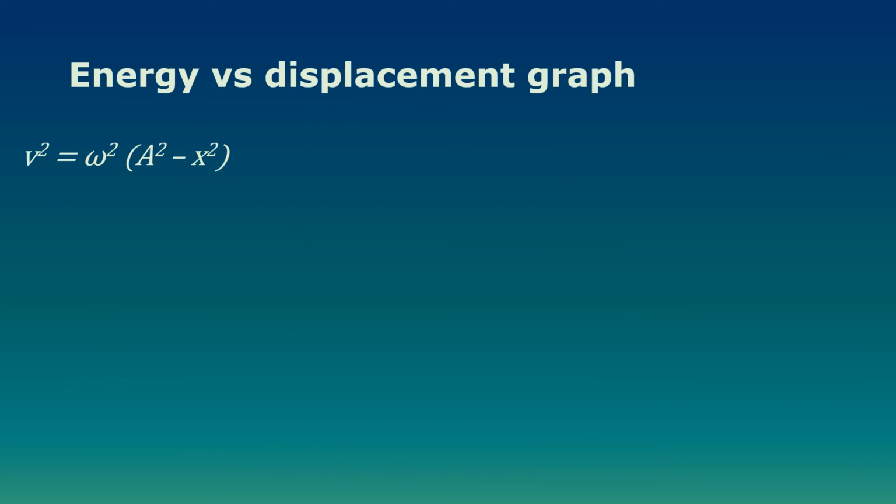Looking at it in terms of displacement, there is a subtle difference here. What we've done is look at our velocity expression in terms of displacement again, whereas previously we'd looked at it in terms of time. So we've gone back to that one. I've squared it already here just to make it a little bit simpler. And you'll see that omega squared and a squared are both constants, the angular frequency and the amplitude.